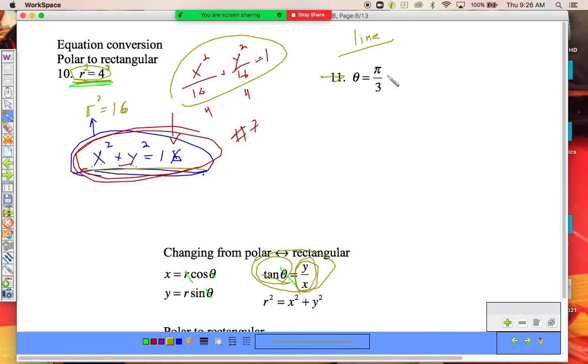So if theta equals pi over 3, what can I do to this to change the way it looks, not its value, so I end up with that tangent of theta that I want? It's the same idea as what we did in number 10. What can I do to both sides of this equation to give me that tangent of theta?